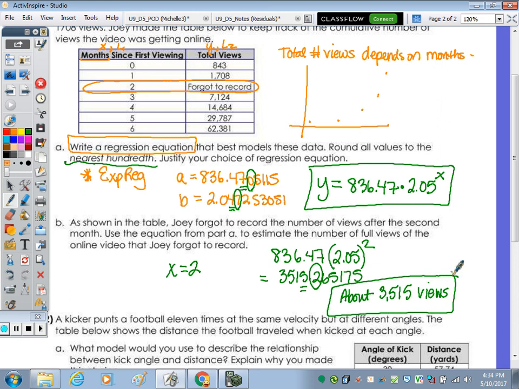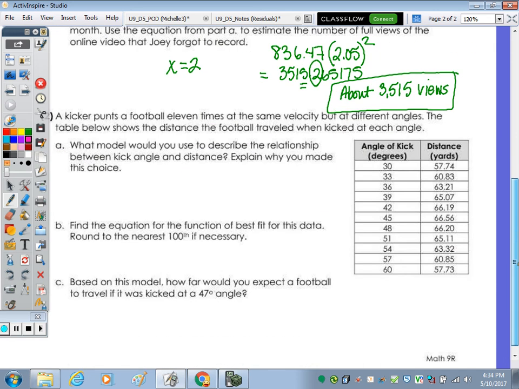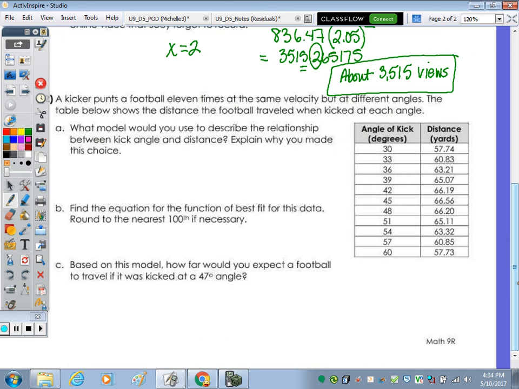All right, last one. A kicker punts a football 11 times at the same velocity, but at different angles. The table below shows the distance the football traveled when kicked at each angle. So we can't calculate the distance until they kick it.